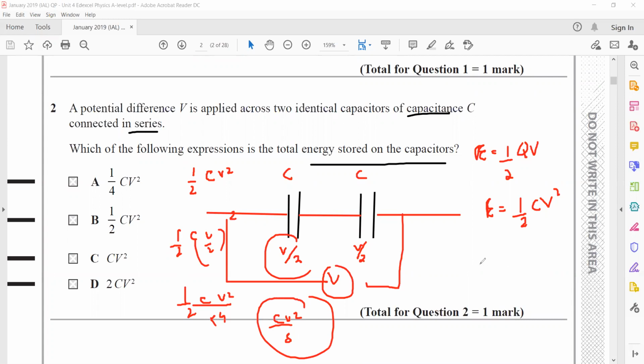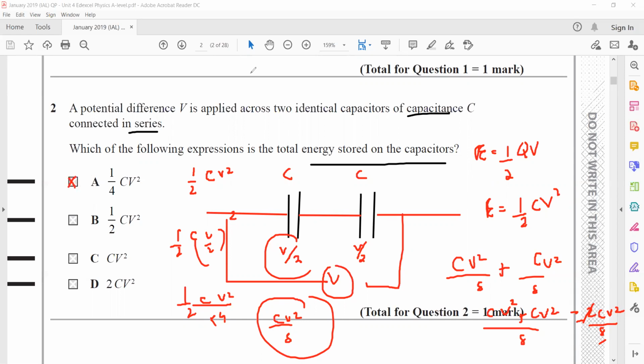But we need the total energy, so we will sum. Adding CV square by 8 to CV square by 8, 8 will be the LCM, so this will be 2CV square by 8, which simplifies to CV square by 4, or 1 by 4 CV square. So A is the right answer.